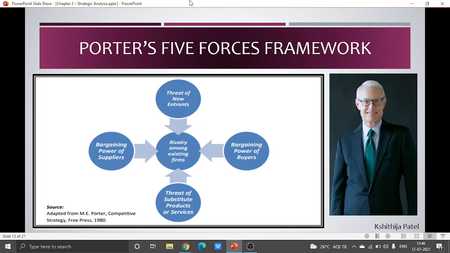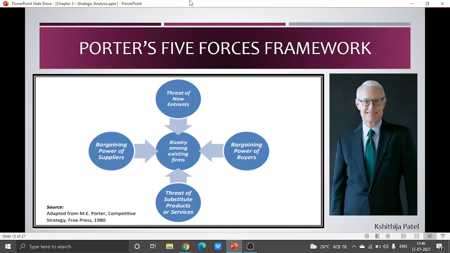So now whenever we speak of competitive strategy or competitive analysis, we do the analysis using one of the famous models that we have, that is Michael Porter's 5 force framework.